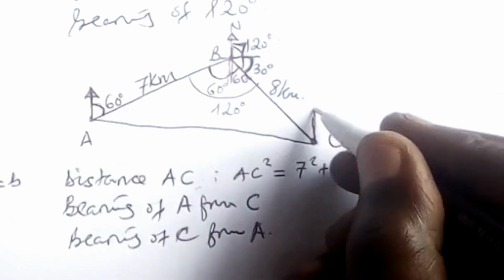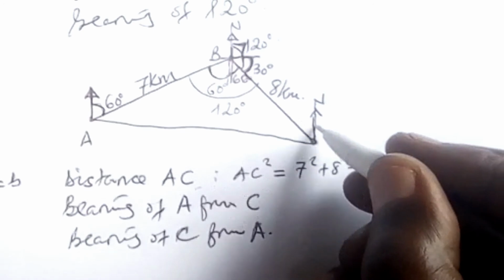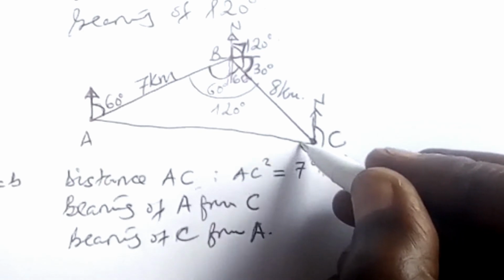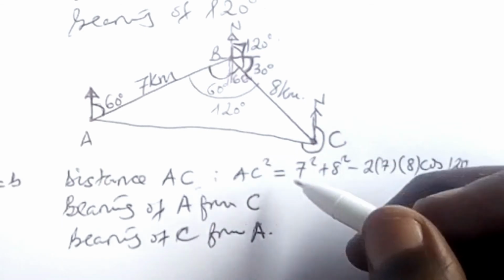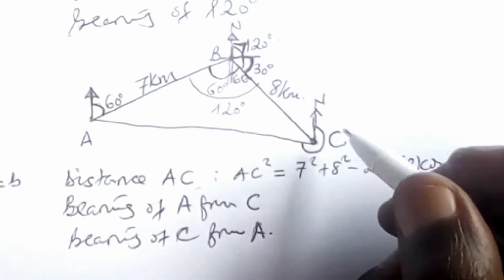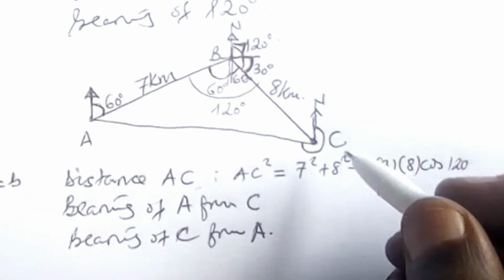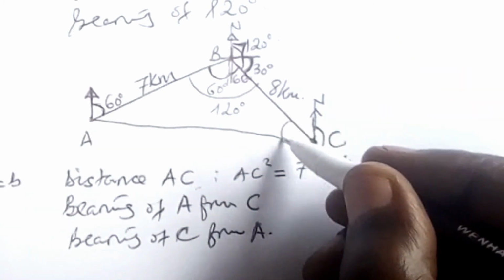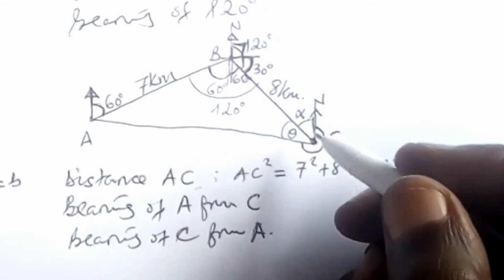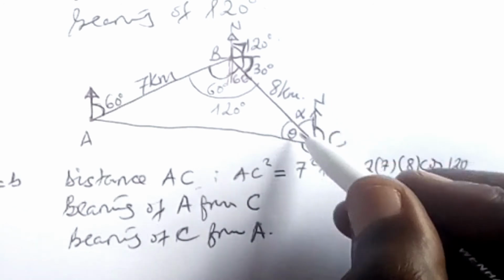I go there, and then I indicate my north direction, and then carve out the angle from the north till the line joining C and A. That is the angle which represents the bearing of A from C. In order to get this angle, I would need to find this angle and this other angle, can call it alpha, so that I can now subtract the sum of the two from 360.